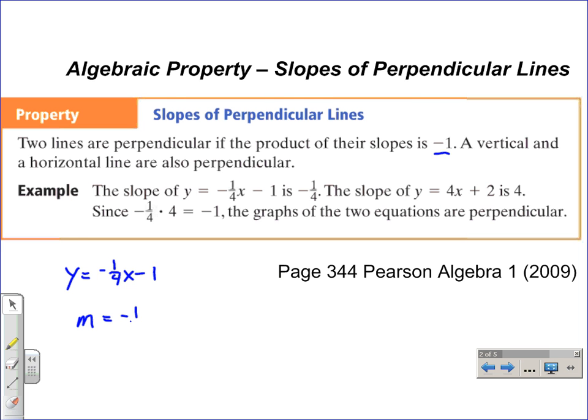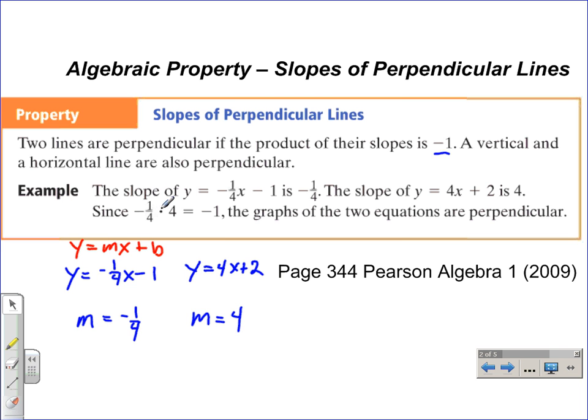If you don't know why it's -1/4, here's why: because it's in slope-intercept form, that's why it has a slope of -1/4, down 1 and to the right 4 if you were graphing it. Now, the second equation: the slope of y = 4x + 2 is 4. So we know the slope is 4.